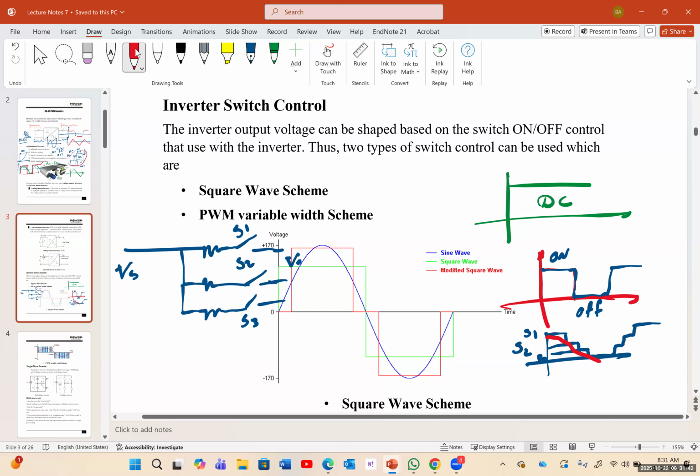The first sample would be 1 microsecond, the second sample would be 2, the third sample would be 4. So the bigger the sample is, the more voltage you're going to have. And then you connect it to a capacitor and smooth it out. So technically, I can change the frequencies and the timing of these switches and have different samples.